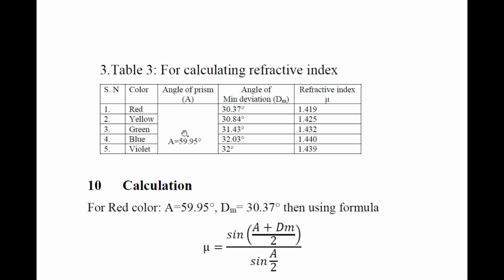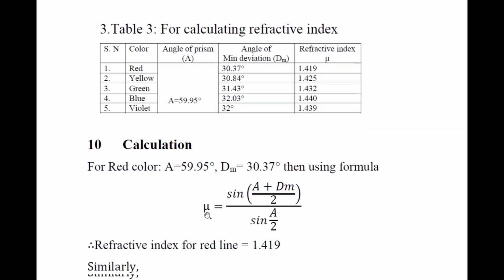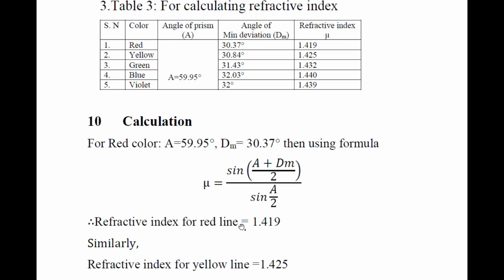So we have already calculated the angle of prism, and now we have calculated the angle of minimum deviation. By using these, we can calculate the refractive index for the particular color line.